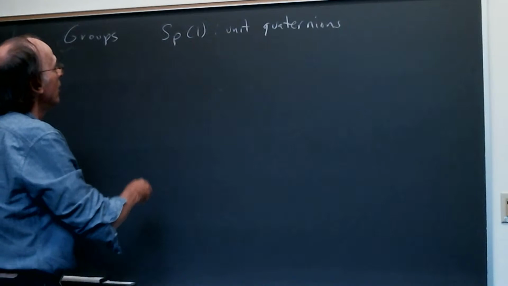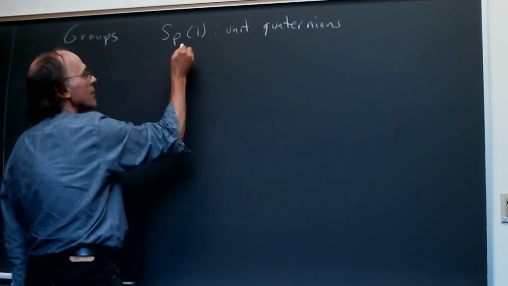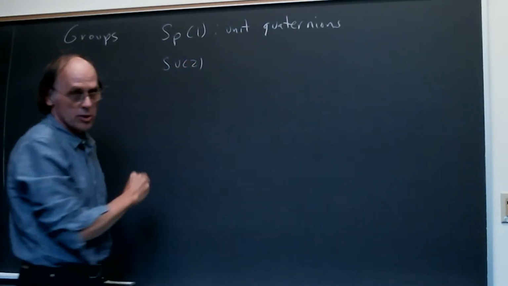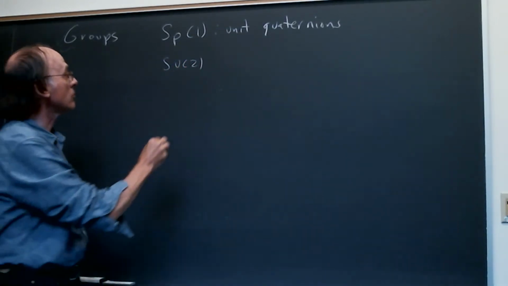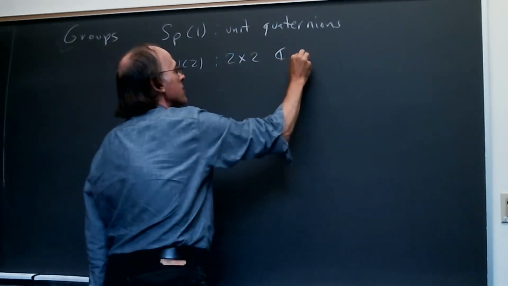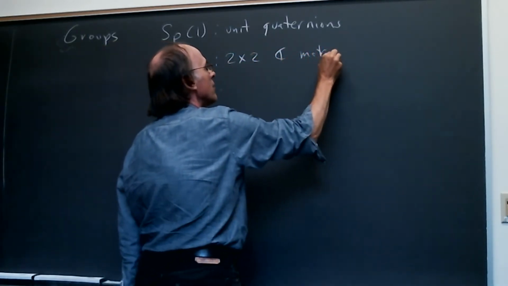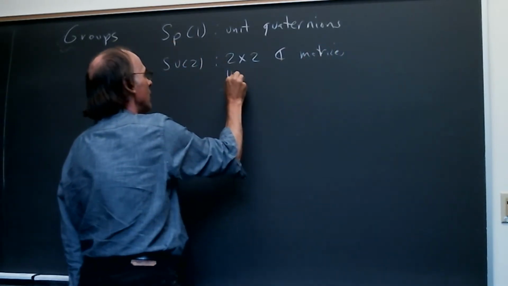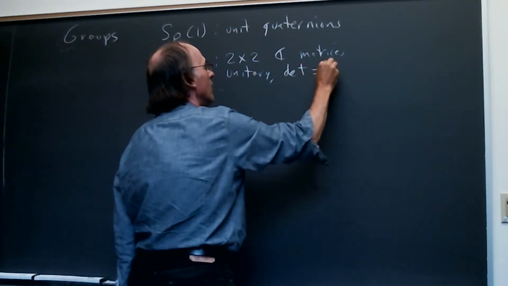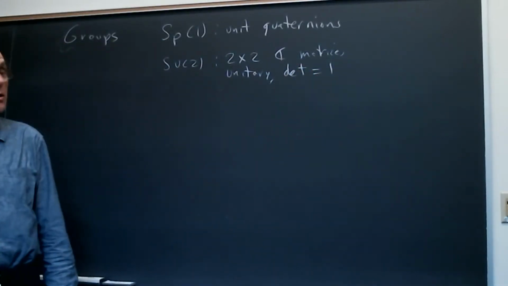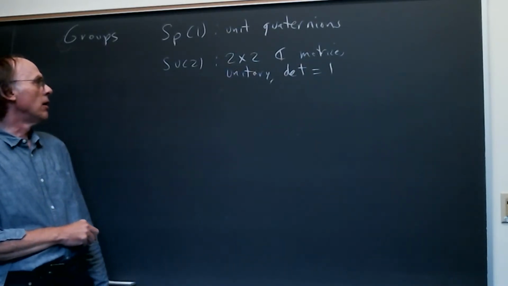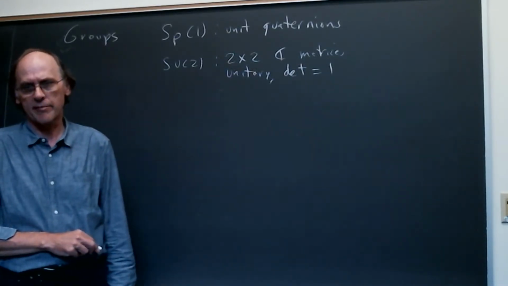Then what I showed was there's another group, SU2, which looks very different: 2 by 2 complex matrices, unitary, and determinant 1. These also form a group, and the group operation is just multiplication of matrices.